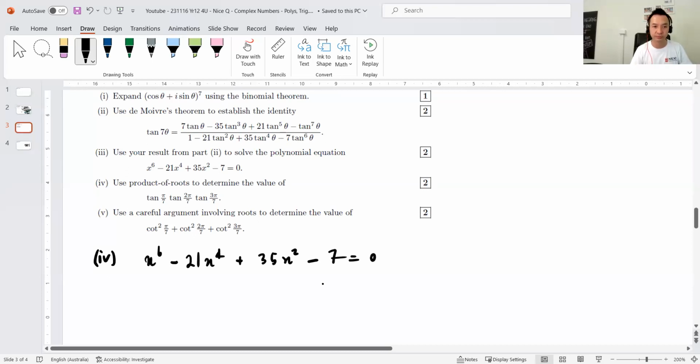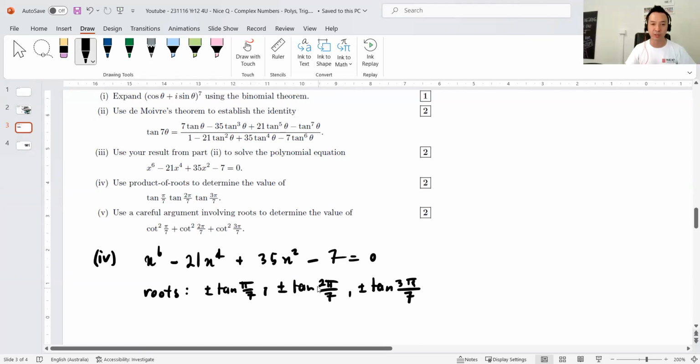The roots are plus minus tan pi on 7, plus minus tan 2 pi on 7, and plus minus tan 3 pi on 7, right?